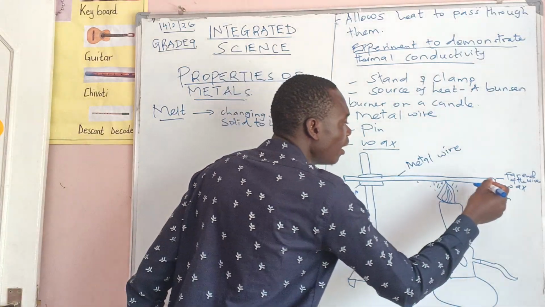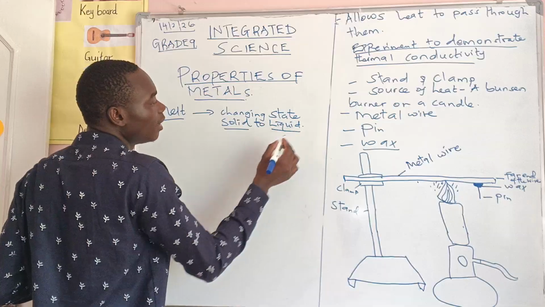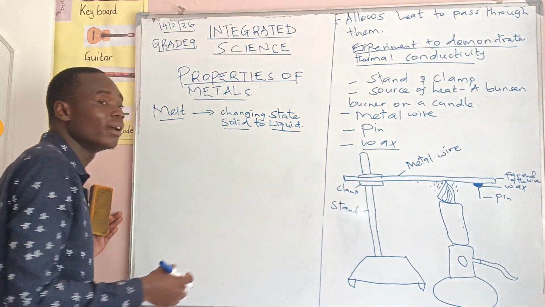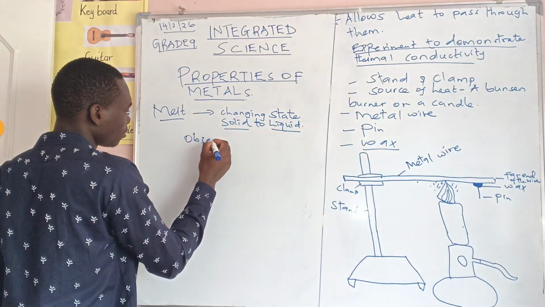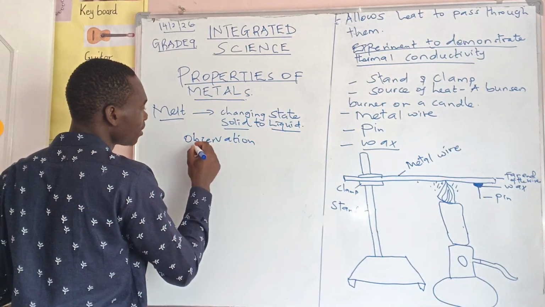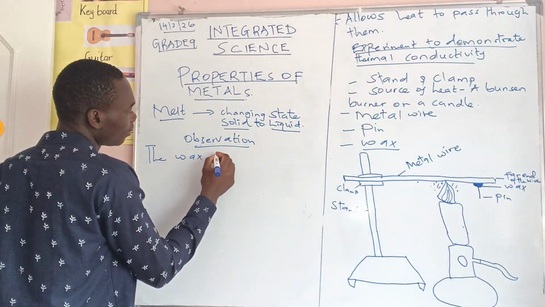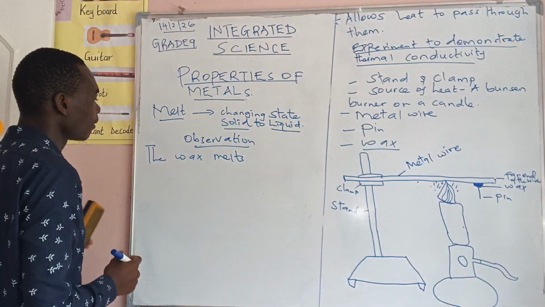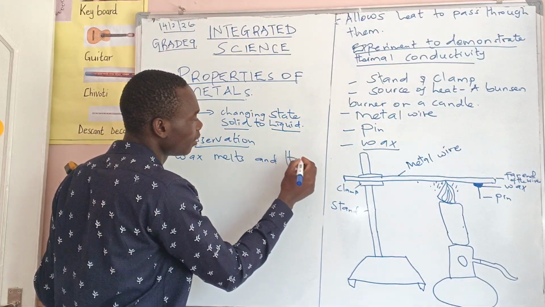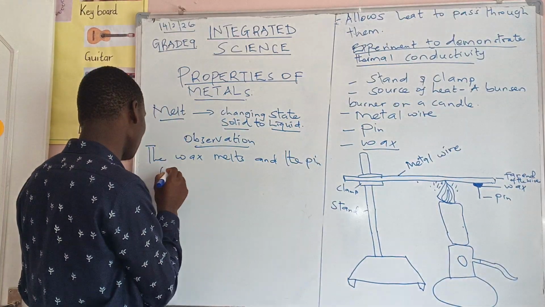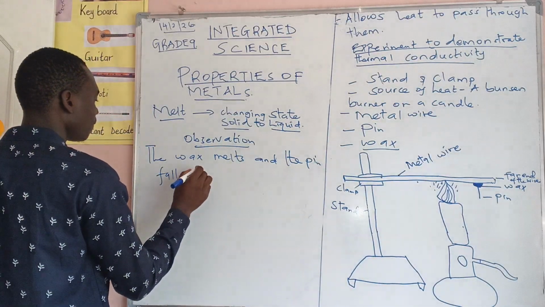Now, once this particular wax has been heated, it changes from solid to liquid, and the pin automatically will fall down. So what is our observation? We can say the wax melts, and the pin falls off.